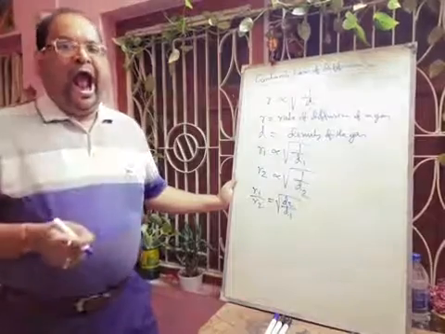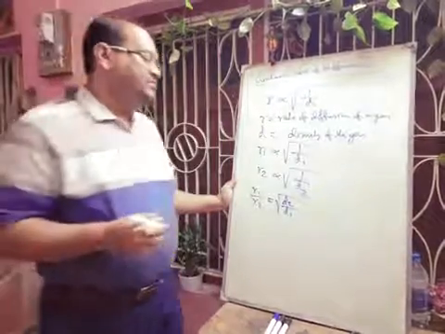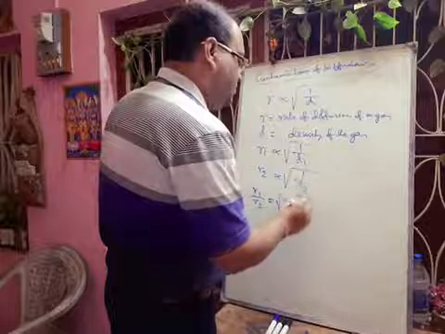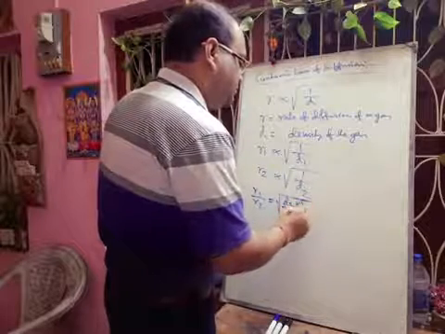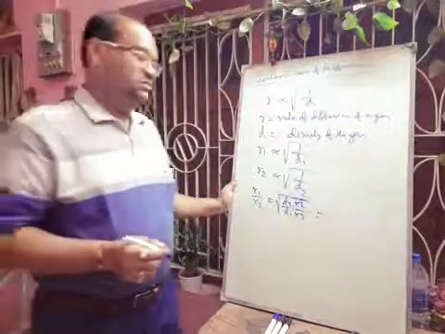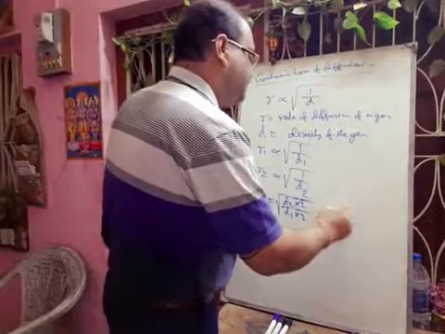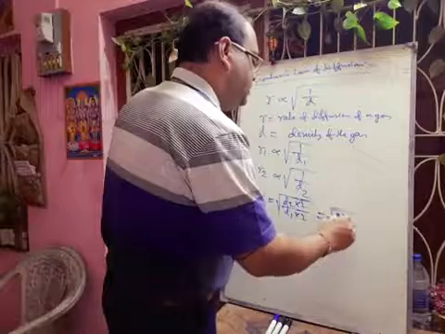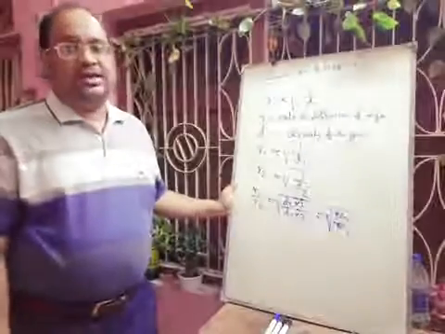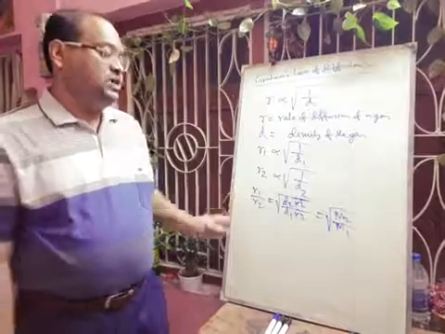Now, if we multiply the denominator and numerator both by 2, then we know that M is equal to 2D. So it will be root over M2 divided by root over M1. What are M1 and M2? That is the molecular mass or molar mass of gas 1 and gas 2.